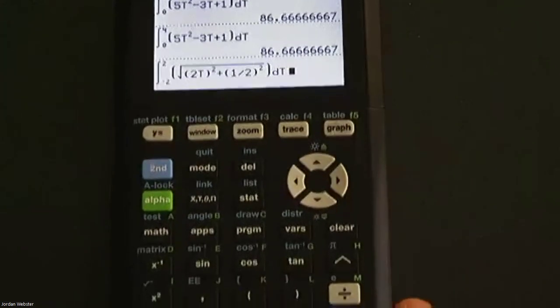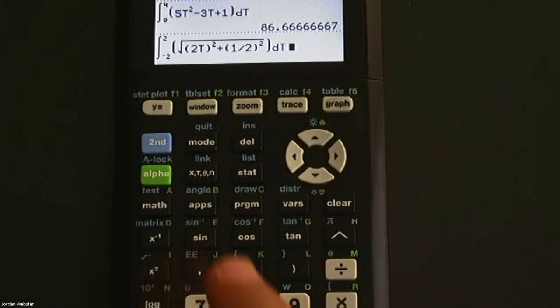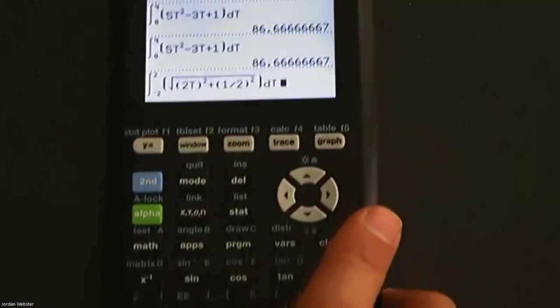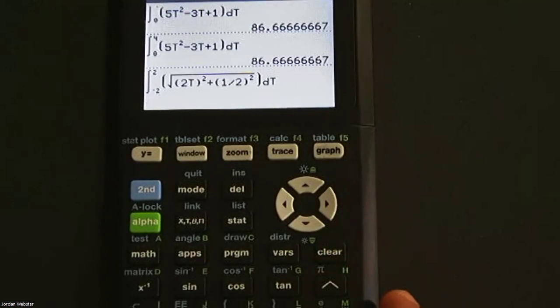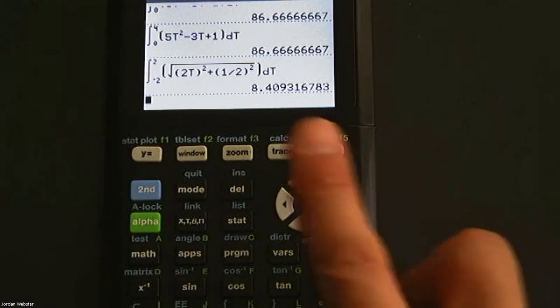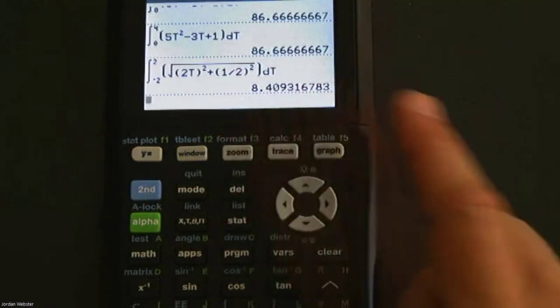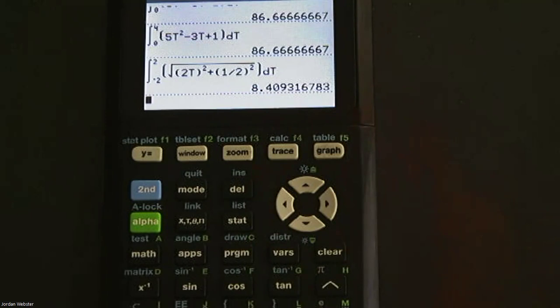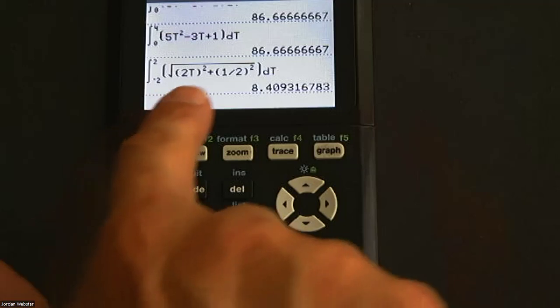Again, square root button is right over here. So that's the integration that we're looking at, and clearly we get 8.41 roughly. So the arc length of the parabola from t going from -2 to 2 is about 8.41. So that's it. Make sure you're in parametric mode and then just type in as you would any other integration.